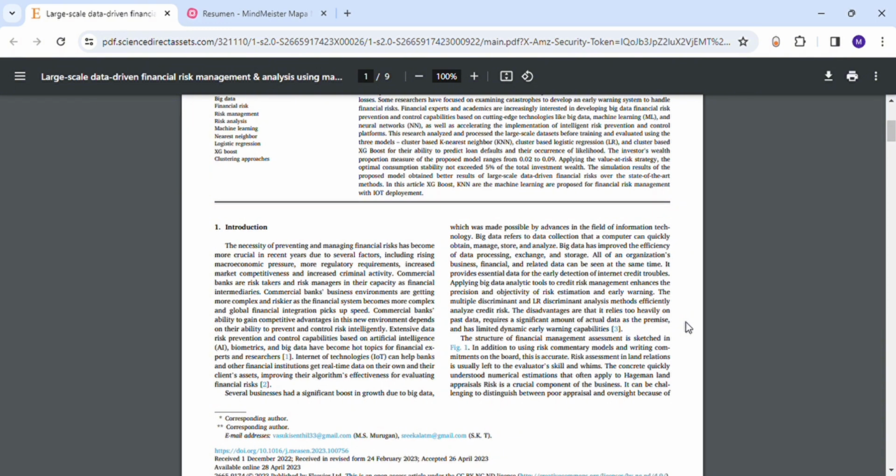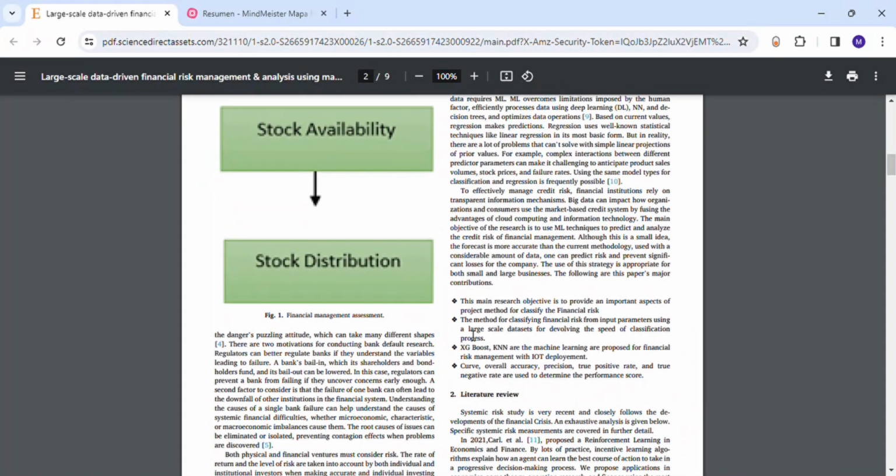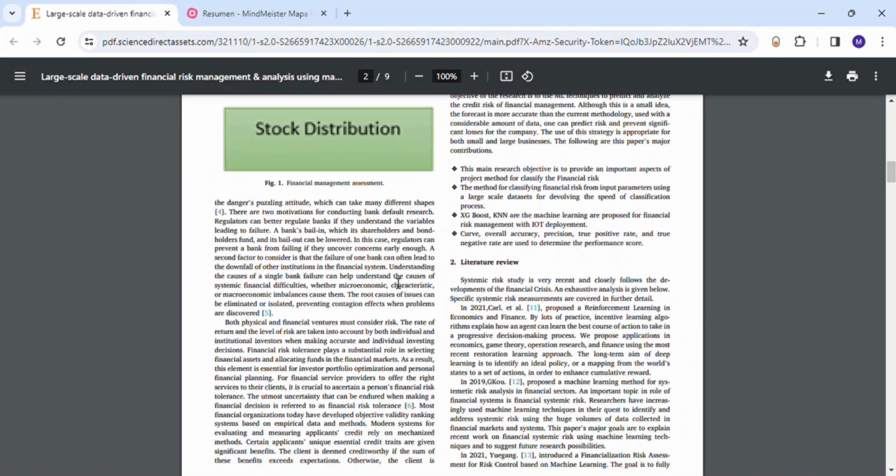The concrete, quickly understood numerical estimations that often apply to hedgement land appraisal risk is a crucial component of the business. It can be challenging to distinguish between poor appraisal and oversight because of the dangerous pricing attitude, which can take many different shapes.